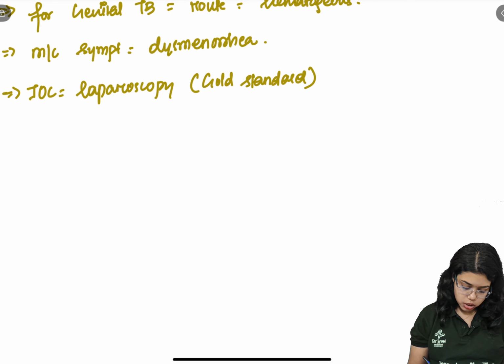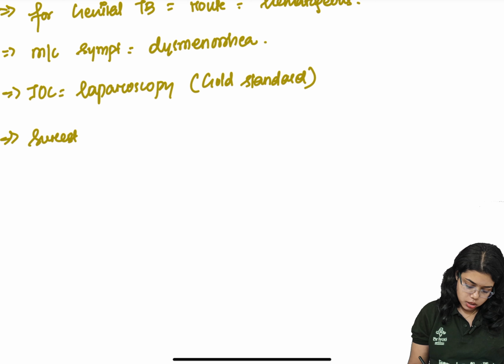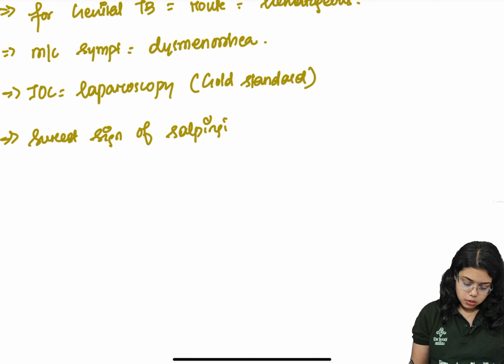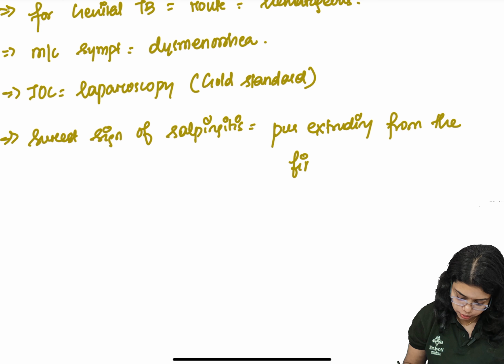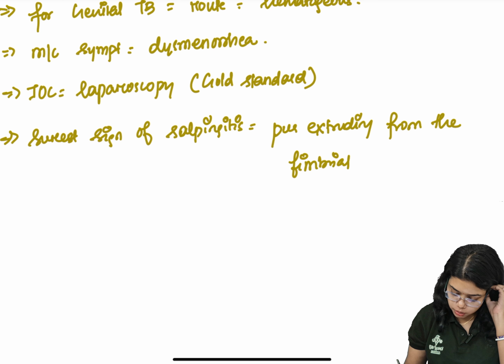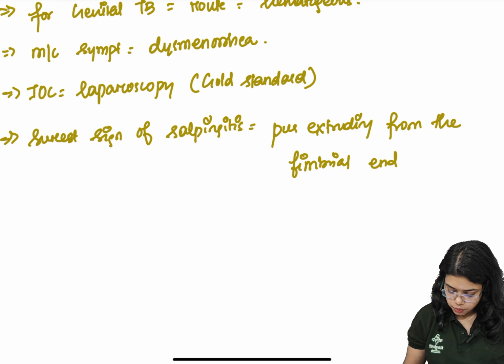And what is the surest sign for salpingitis? The surest sign of salpingitis is pus extruding from the fimbrial end of the tubes.